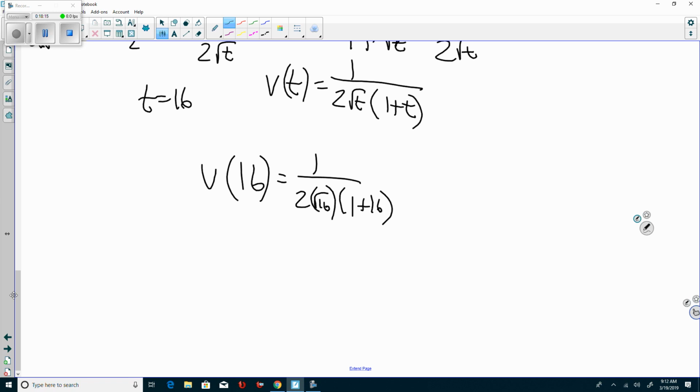You have to trust me on this. When you plug it all in, you get 1 over 136. And that's the velocity. And when we get better at this, we understand it, we'll put this more in context of a problem. Say, hey, what exactly does that mean?